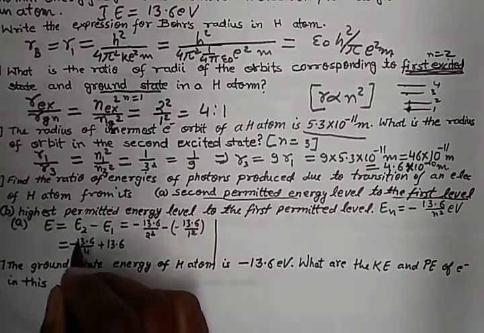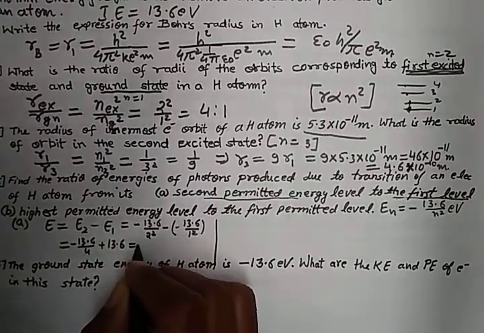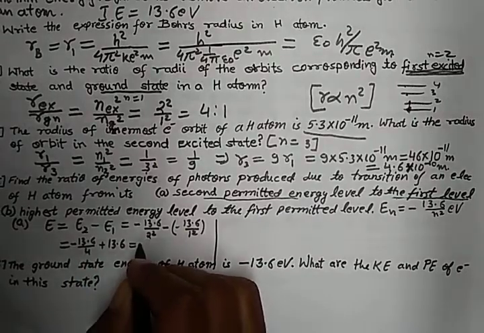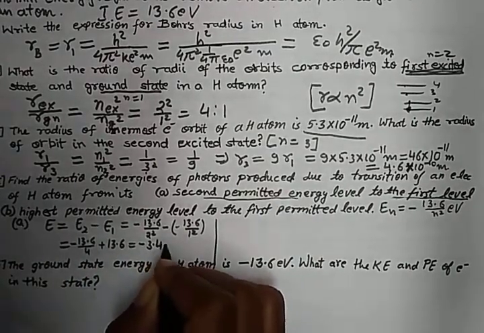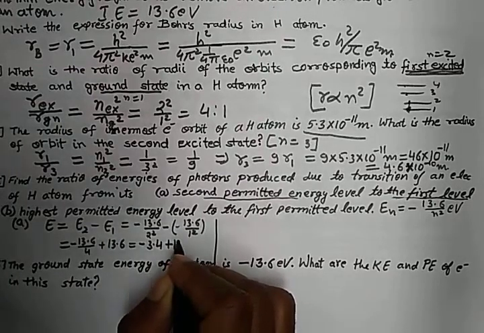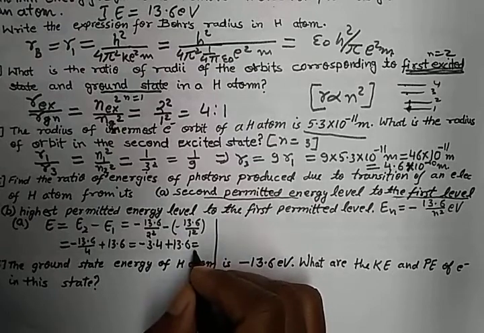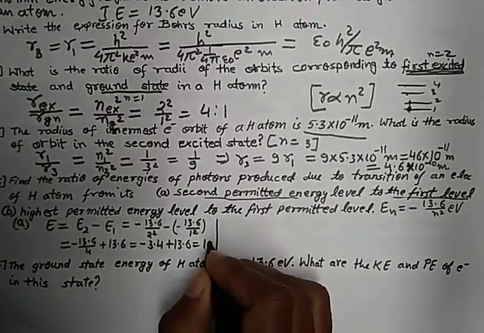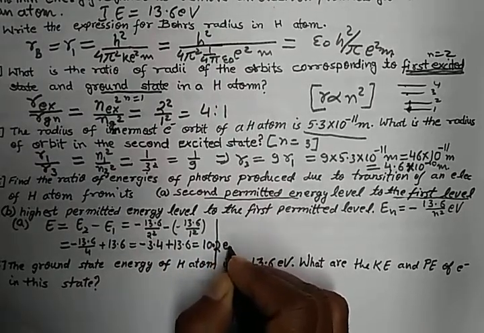And if you divide this, this time no approximation, this time actual, 4 3s are and 4 4s are, and plus 13.6, which comes out to be 10.2, with a positive sign, 10.2 electron volt.